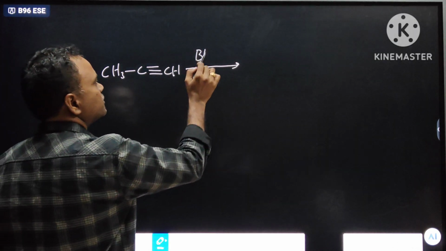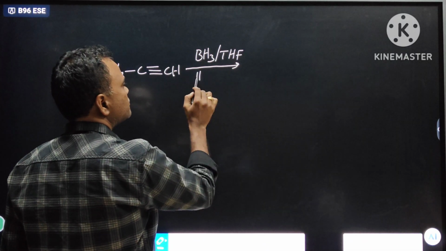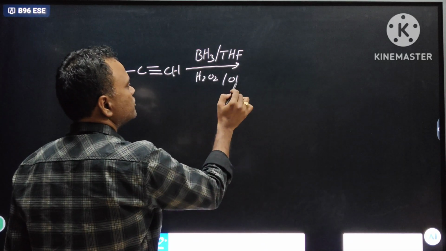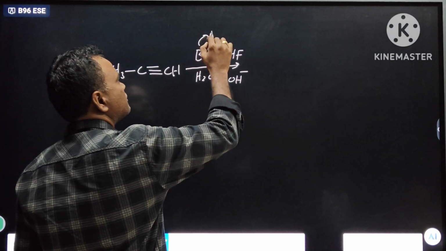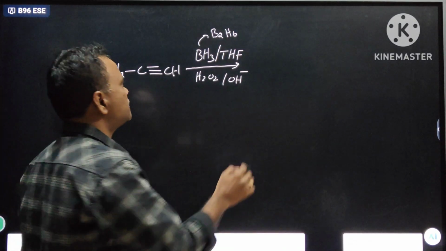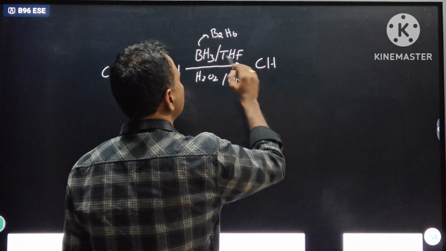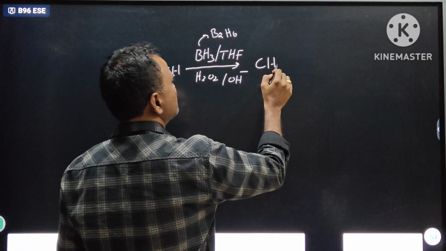With BH3 THF or B2H6, then H2O2, OH negative. Sometimes BH3 can be represented like this, B2H6 also. The role of the reagent is the same. When you take B2H6 or BH3, the role is the same. What is the role?